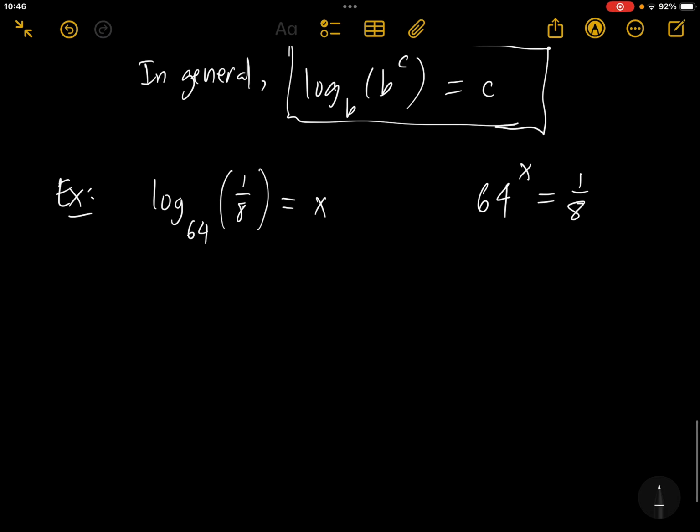So we're asking ourselves, what do you have to raise 64 to get 1/8? Well, hopefully you recognize that 8 is the square root of 64. So we know that 64 to the 1/2 power is 8. Now what do I have to do to get 1 over 8? I have to take the reciprocal. So I have to raise that to the negative 1 power. So if I raise 64 to the negative 1/2 power, I get 1 over 8. So that means that x is negative 1/2.